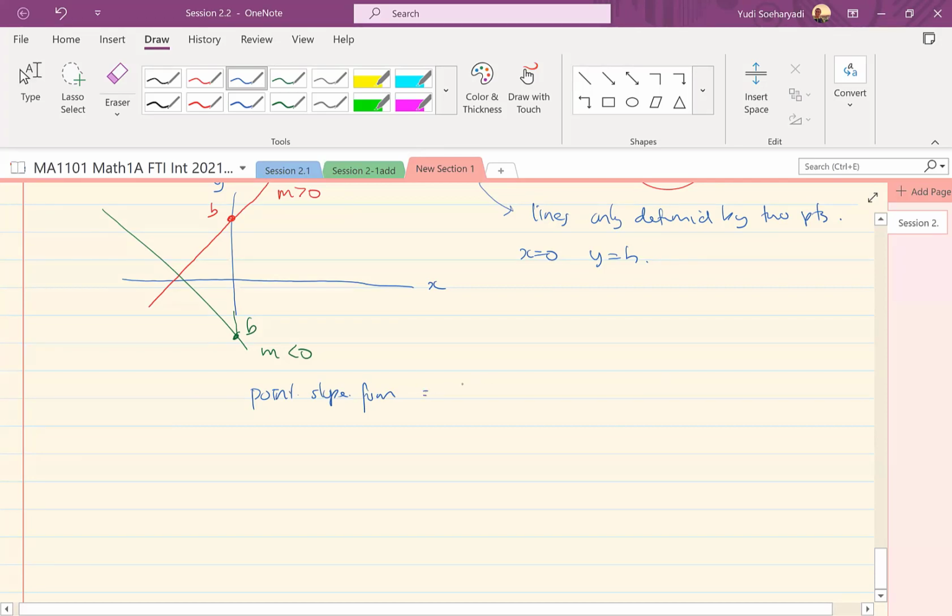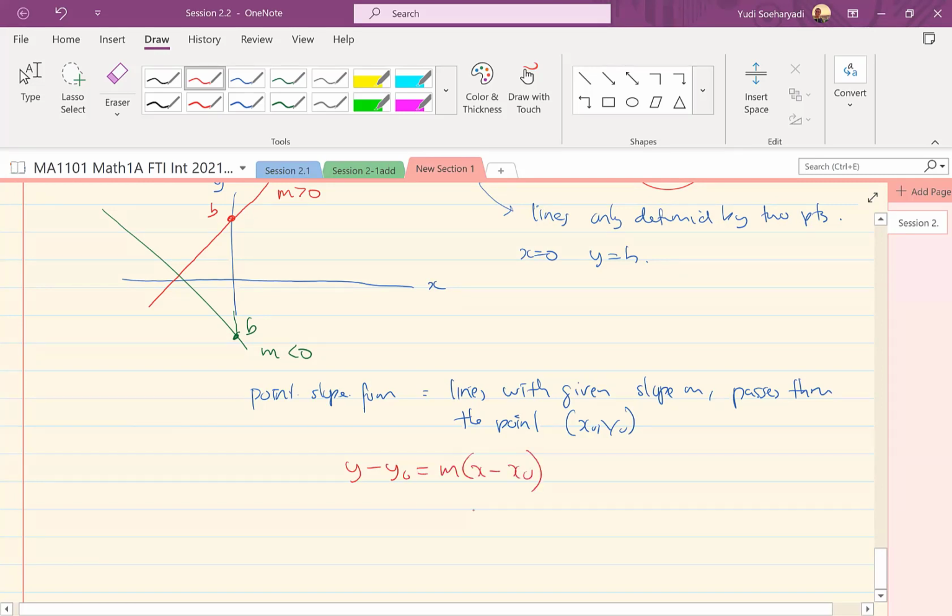Point slope form means lines with given slope m, which passes through the point, say x naught, y naught. Okay, so the form should be something that looks like this. All right, so this is what we call a point slope form.